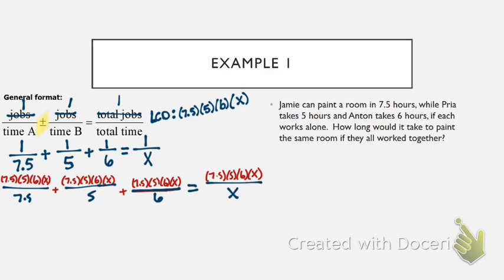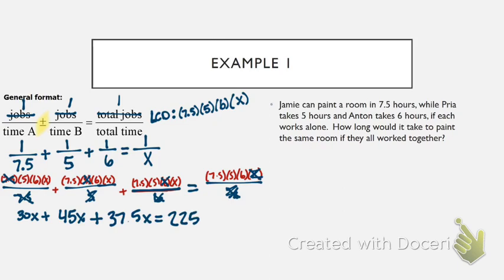Okay, so 7.5 goes away, 5 goes away, 6 goes away, and x goes away. Now I'm left with 30x plus 45x plus 37.5x equals 225.